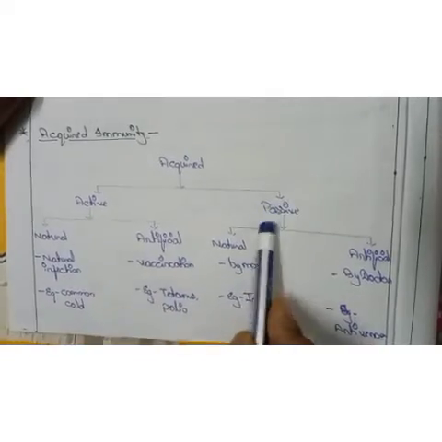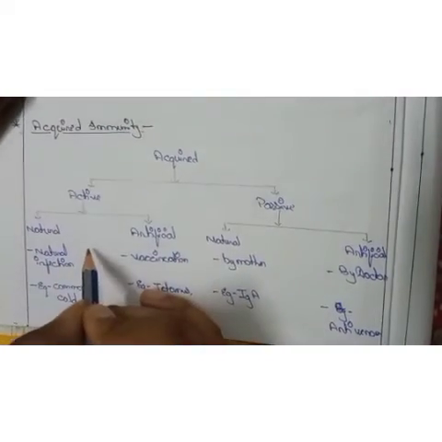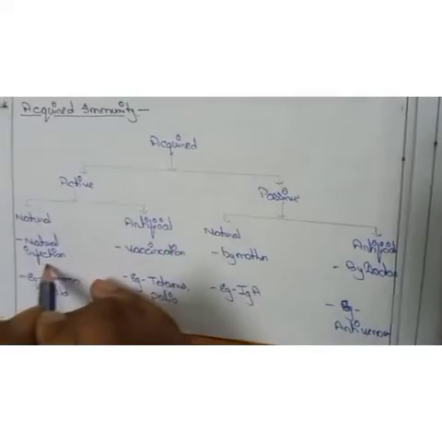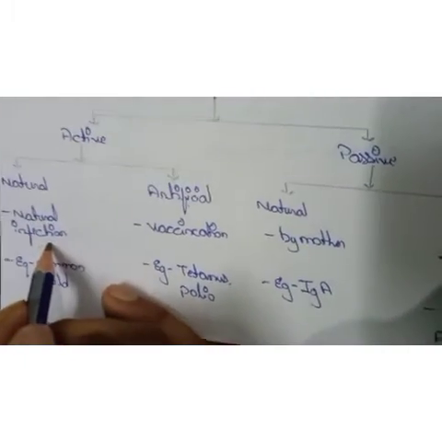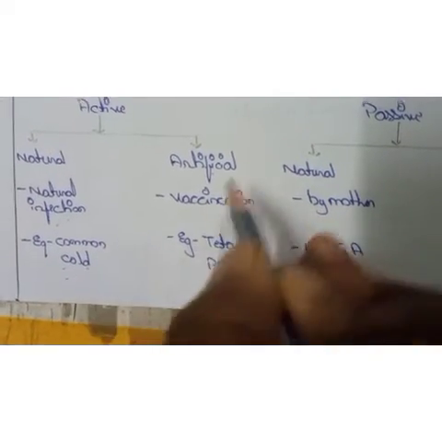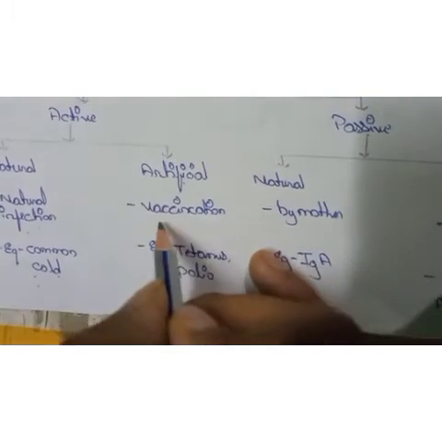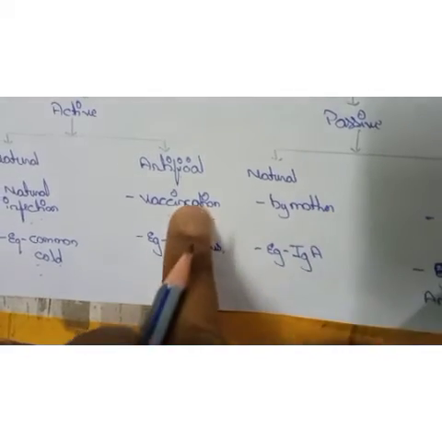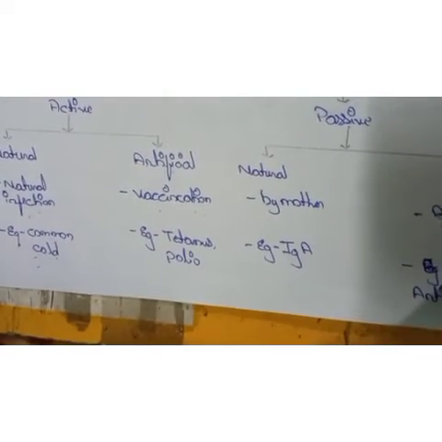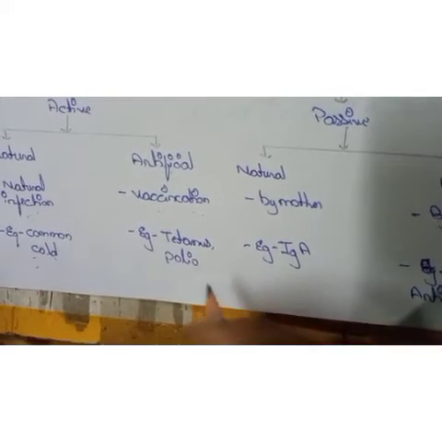In active acquired there is natural and artificial. Natural means natural infection, for example common cold. Artificial is vaccination, meaning artificially we can grow immunity by vaccine.